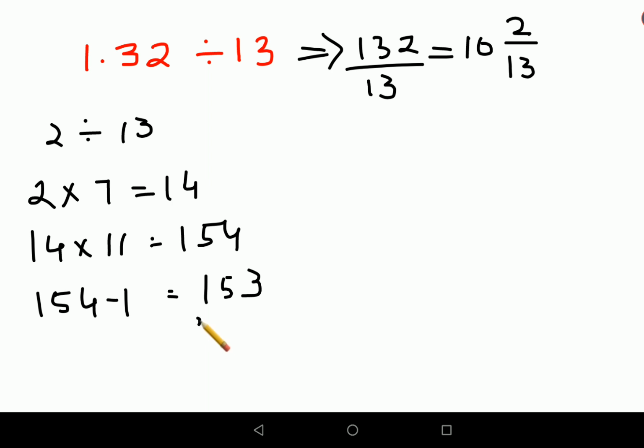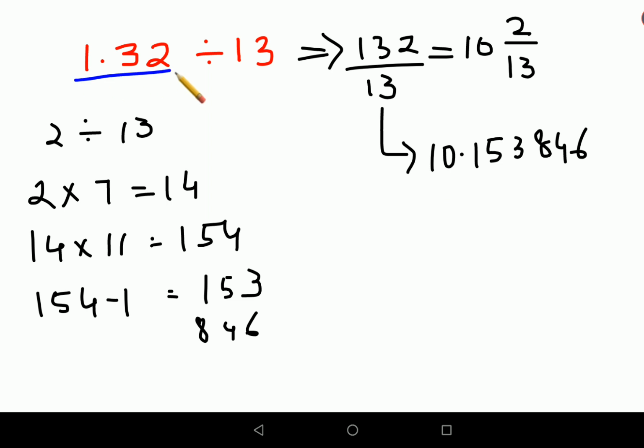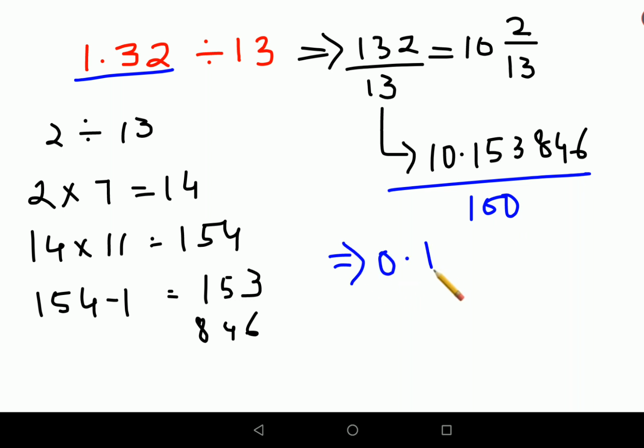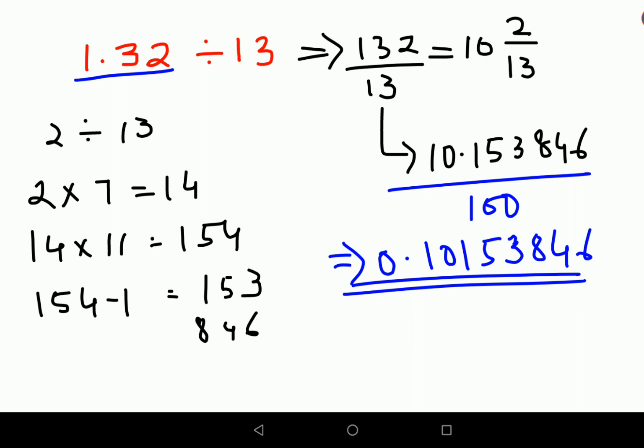The 9's complement will be 846. So the answer for this one is 10.153846. Now since you want it for 1.32, you need to divide this by 100. So your answer now comes out to be 0.10153846. You saw how easily you can do this.